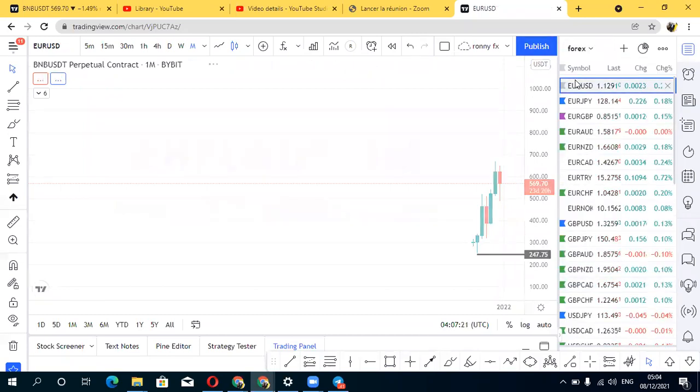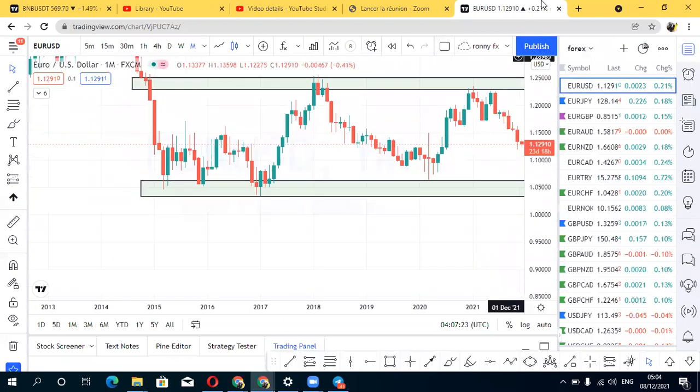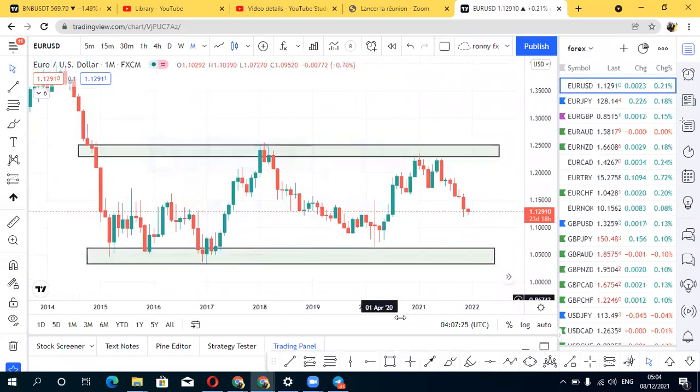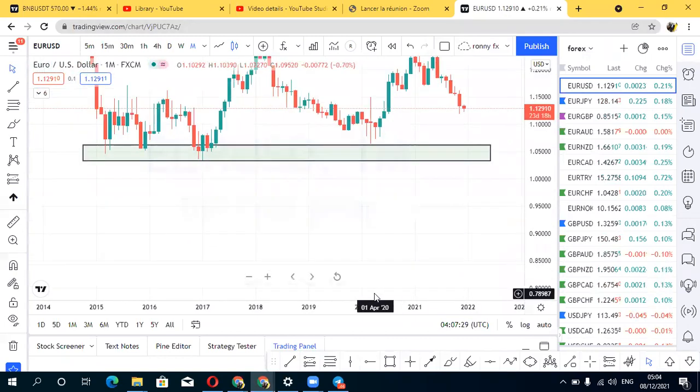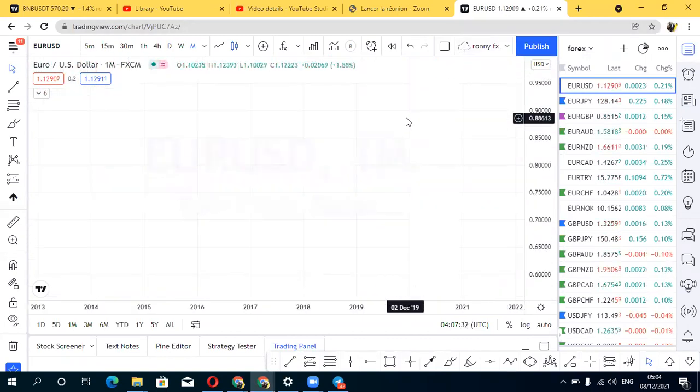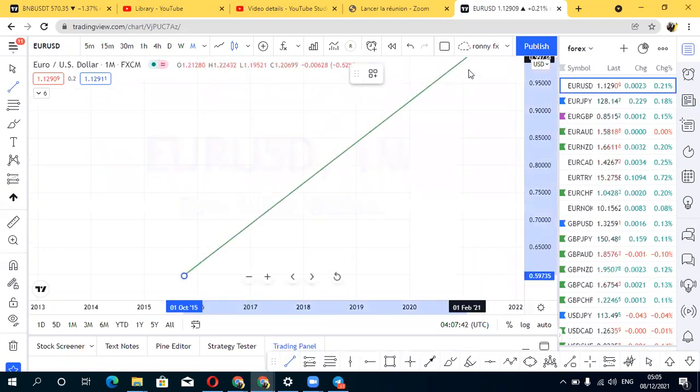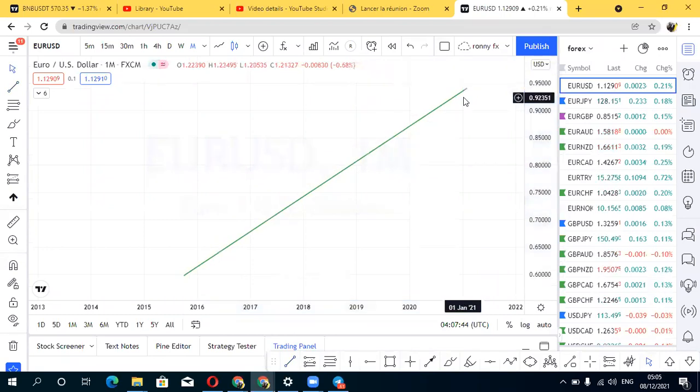When I talk about trend lines, I'm going to explain in detail what they mean. So let's go. What are trend lines? Trend lines are simple diagonal lines that could serve or control the market to the upside or to the downside.